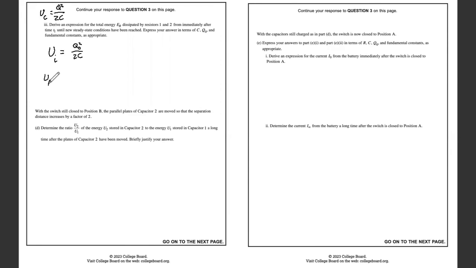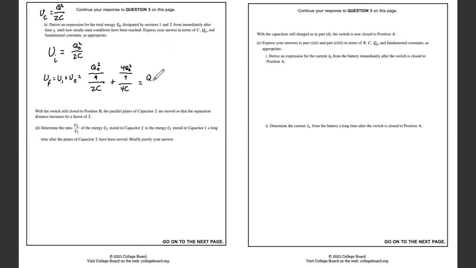The final potential energy is going to be the potential energy from 1 plus the potential energy of 2, which is going to be q naught squared over 9 divided by 2c, right, for capacitor 1, plus 4q naught squared divided by 9 over 4c for capacitor 2. And now we have to simplify stuff a little bit, right?